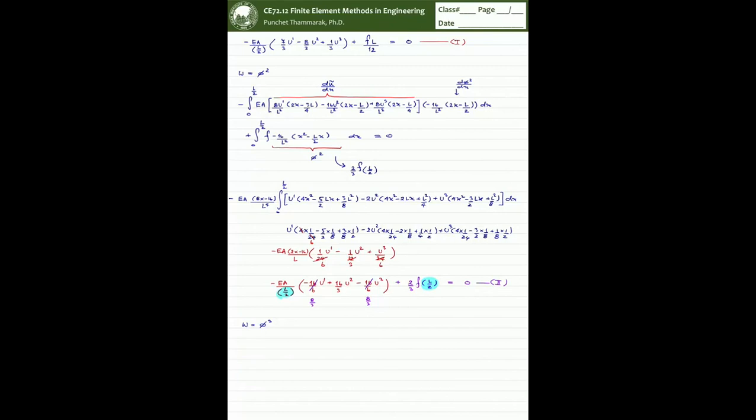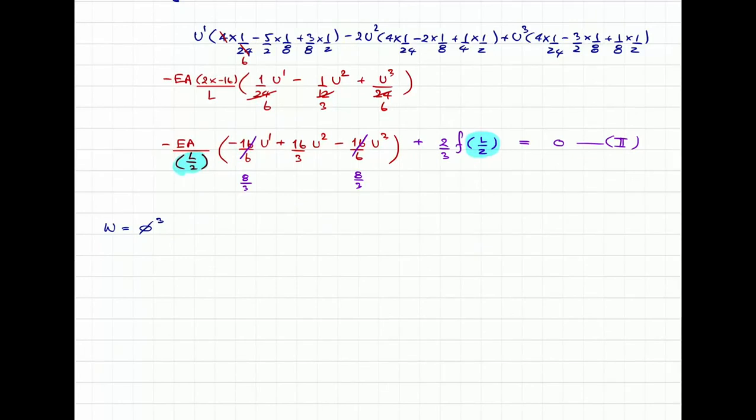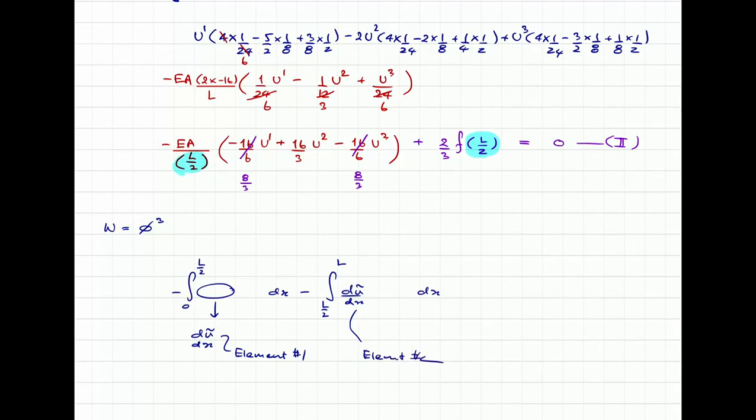So W equals phi 3. For this, you have this part from L over 2, and also this part from L over 2 to L. So the first one is the du dx for element number 1 and du dx for element number 2, right?